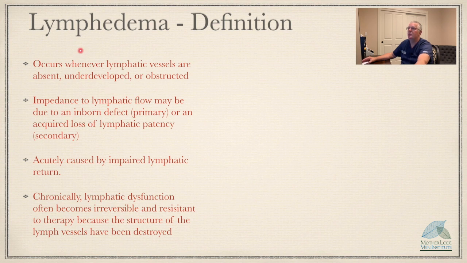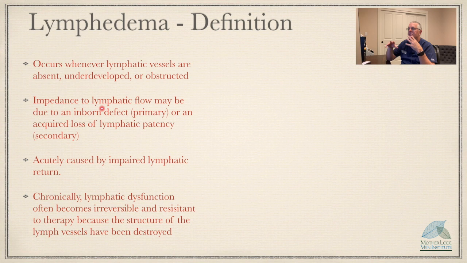So first of all, what's the definition, or what is it? Well, it's when the lymphatic vessels are either absent, underdeveloped, or obstructed. So there's impedance to the flow through these lymphatic vessels. When that occurs as a result of inadequate congenital formation of those vessels, it's called primary lymphedema.